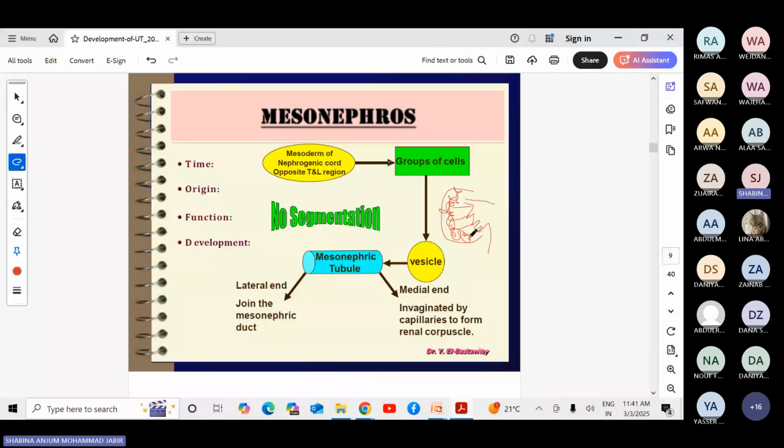The ureteric bud is fused with the collecting system, right? Suppose it is not fused. So the pyramids will be separately in their position, and this will be separately in position.